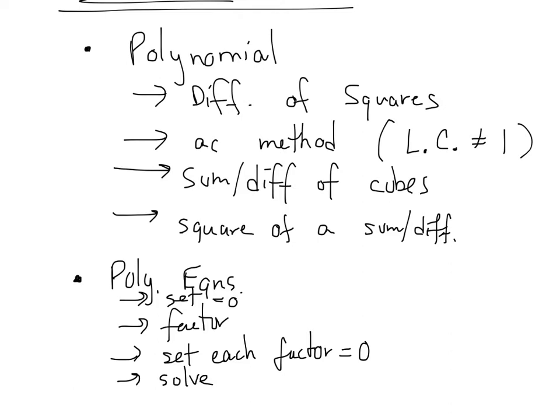Okay? So jot down on the side that the degree of the polynomial is usually equal to the number of solutions. In our case, for that chapter, it always is. But sometimes it's not.